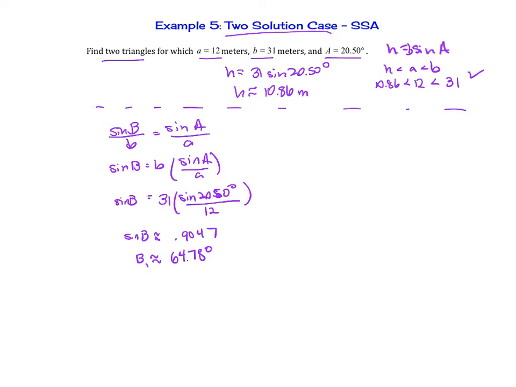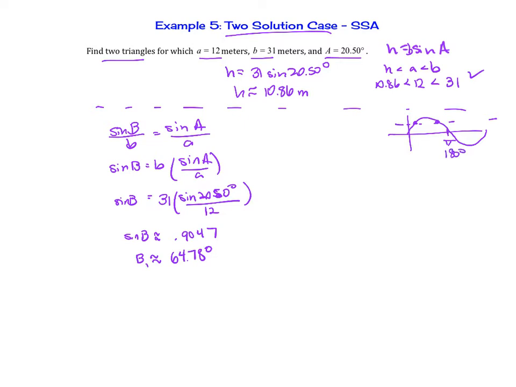So in order to find that, because we already know that there's two angles, one way that I think about that, and maybe you could as well, is how did we find that other angle? If we know that it's 64.78 degrees, how did we find this other point here? So this is pi. Remember, pi is also 180 degrees.